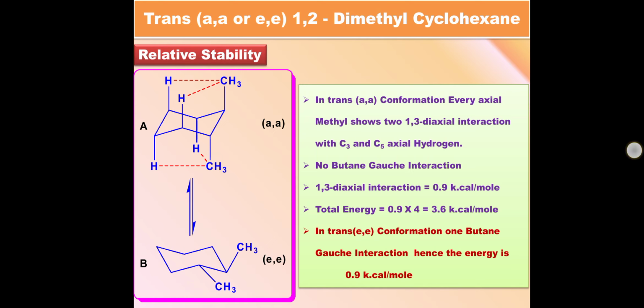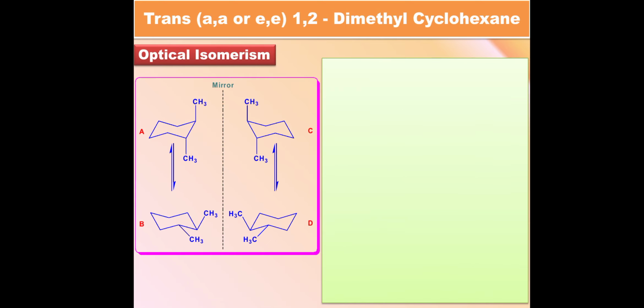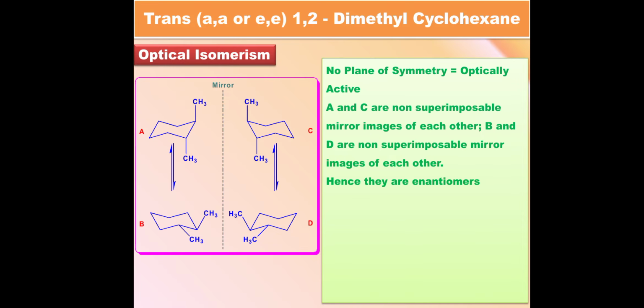So we come to the conclusion that the trans equatorial conformation is the more stable conformation. If you look at the optical activity of trans axial or equatorial 1,2 dimethyl cyclohexane, there is again no plane of symmetry, therefore it is optically active. And if you draw the mirror images, A and C are non-superimposable mirror images of each other.